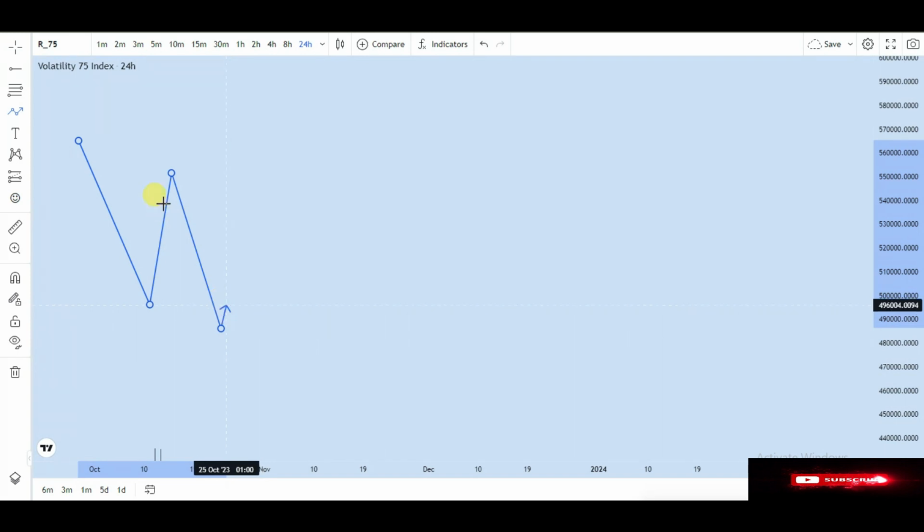Price might have taken a certain type of liquidity, so price would seek to get rid of another kind of liquidity. So it may tackle this form of liquidity, which may be somewhere here, perhaps a fair value gap. It comes down a little and then goes back up to tackle this kind of liquidity resting in here.